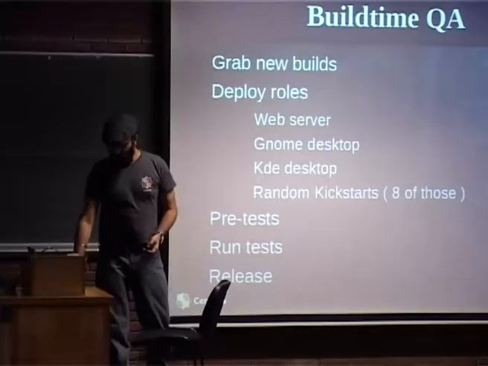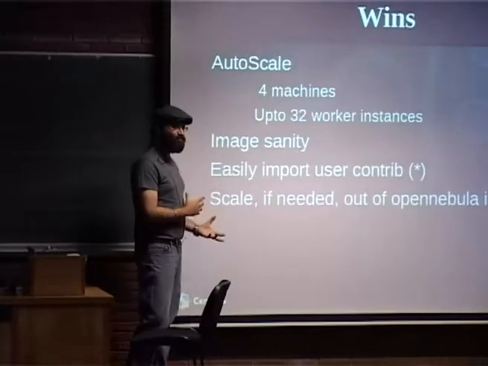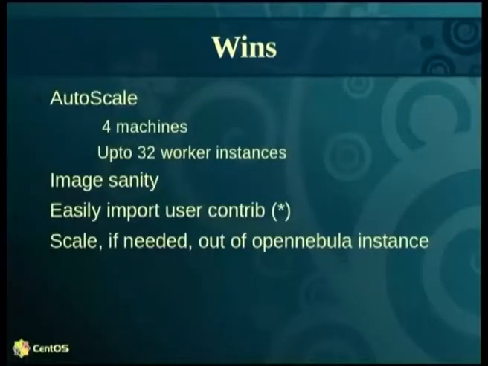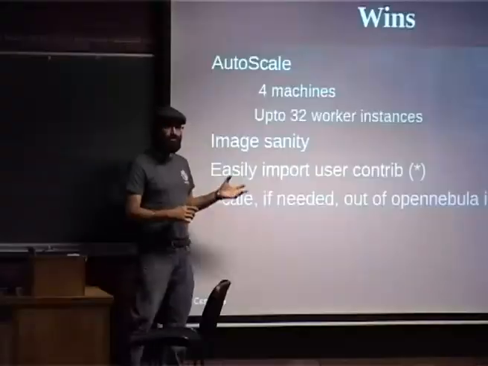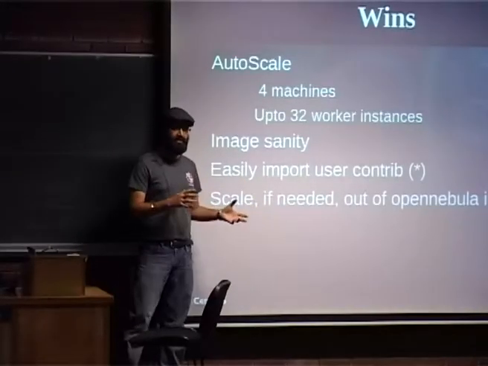Right? So I think you can see how a cloud setup really benefits us, because we get the auto-scale bit for free. We have 4 physical machines, 4 Dell 710s, and we have an EqualLogic 6K iSCSI SAN backing those up. And we have up to 32 worker instances. But what those worker instances are doing depends on what the current requirement is.